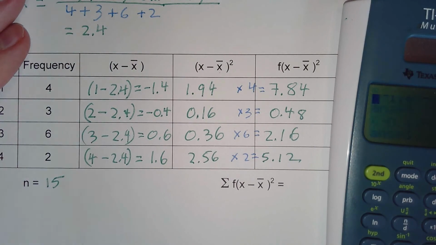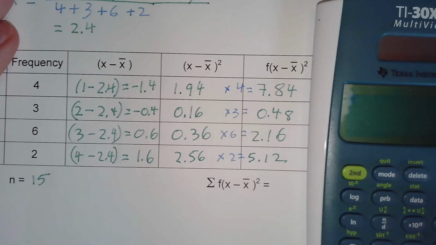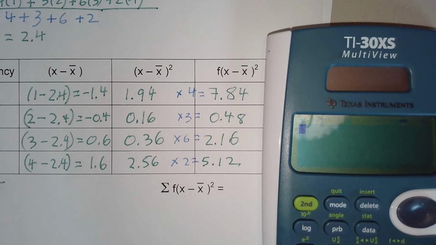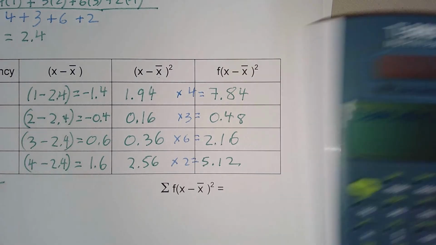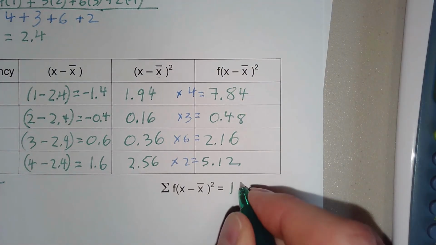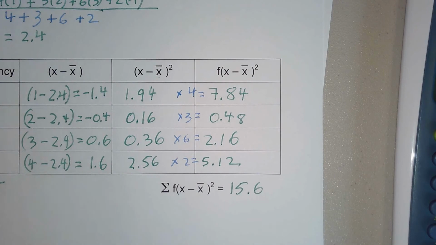And then over here, we're just going to add those numbers up: 7.84 plus 0.48 plus 2.16 plus 5.12. And that adds up to 15.6. So I'm just using the frequencies to make that problem a lot quicker, a lot easier to calculate.